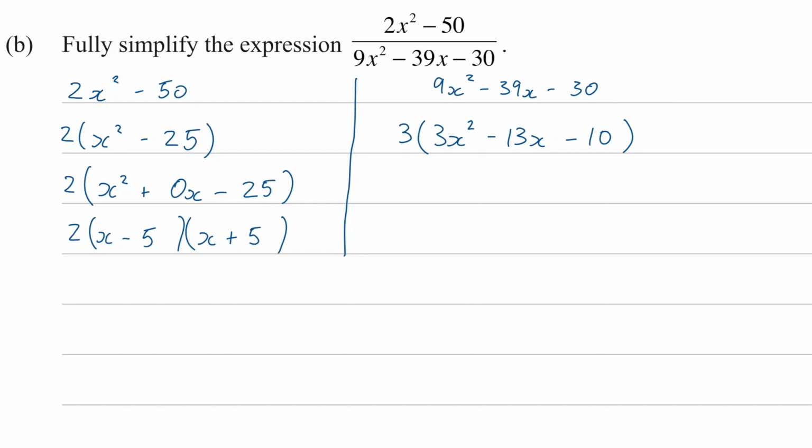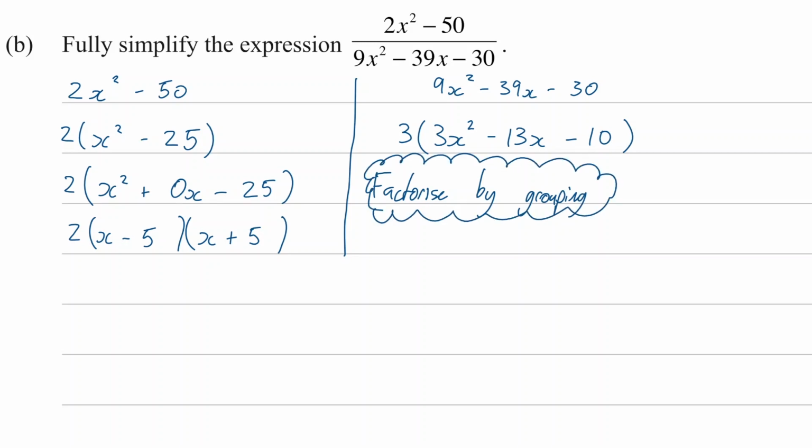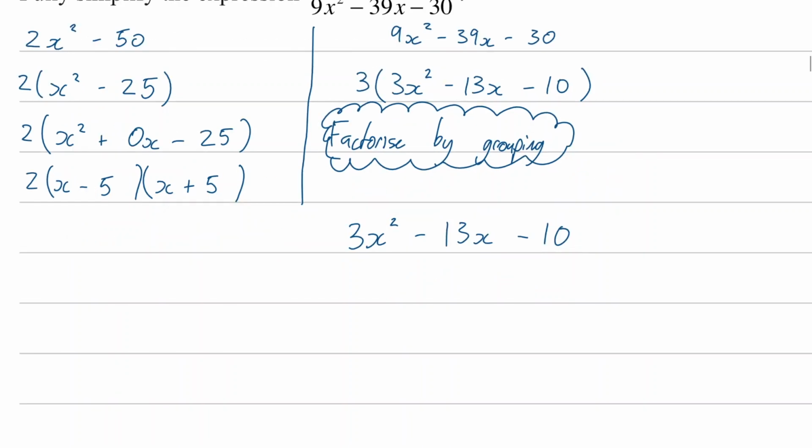Okay, so we have 3 in front of x squared, so we can't factorize it like we normally do. So let's have a little side note and learn how to factorize by grouping. Right, you definitely need to know this. This is just such a great tool for solving quadratics or factorizing quadratics. So let's just rewrite this one out.